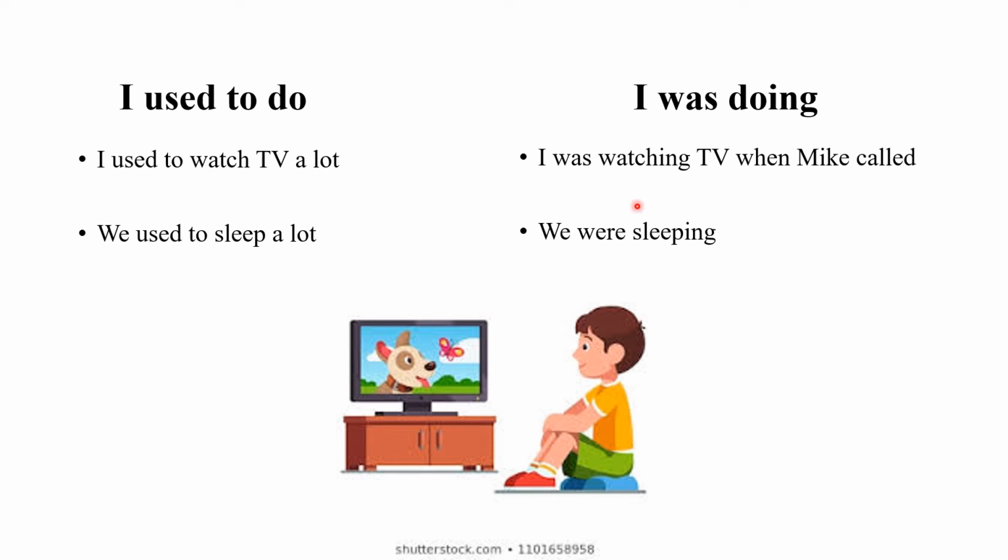While I was watching TV when Mike called means that I was in the middle of watching TV when Mike phoned me. Similarly, we used to sleep a lot can be used to show that we slept regularly in the past, which we don't do now. While we were sleeping is a condition that was continued in the past.